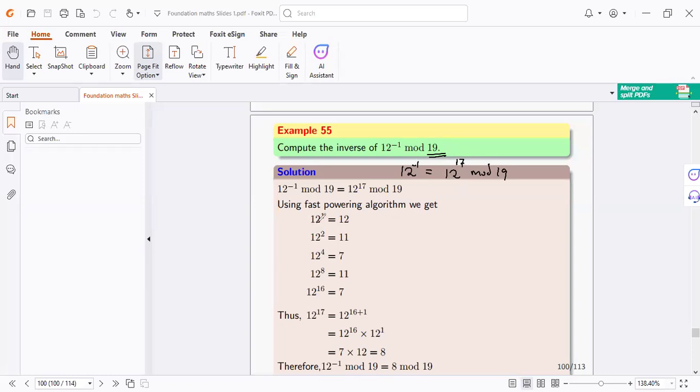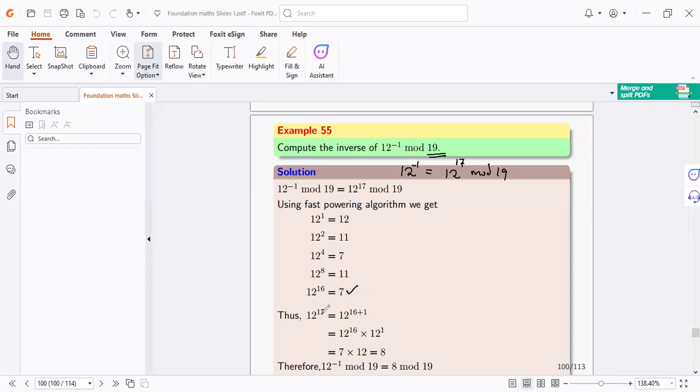So 12 raised to 1 would be 12. 12 square would be 11. 12 raised to 4 would be 7. 12 raised to 8 would be 11. 12 raised to 16 is 7. So if I square it again, it will be 12 raised to 32, which is beyond 17. So I stop at this point.